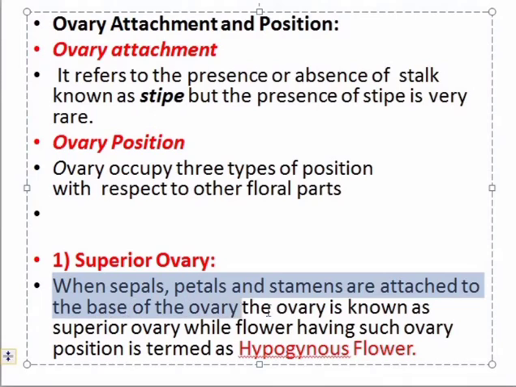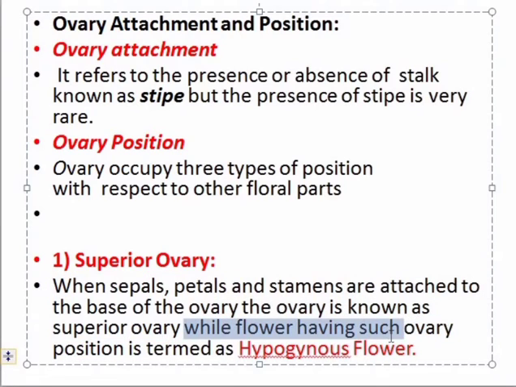When sepals, petals, and stamens are attached at the base of the ovary, or they arise from the base of the ovary, such ovary position is known as superior ovary. It's very simple. The ovary lies above the other floral parts. That's why it is termed as superior ovary.